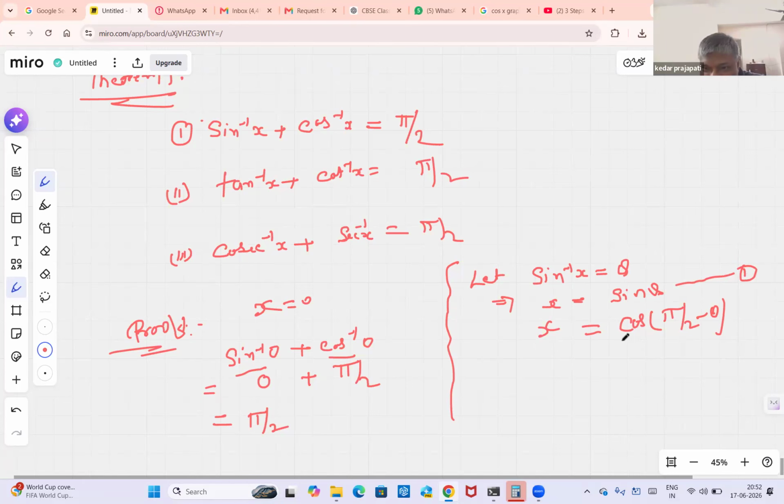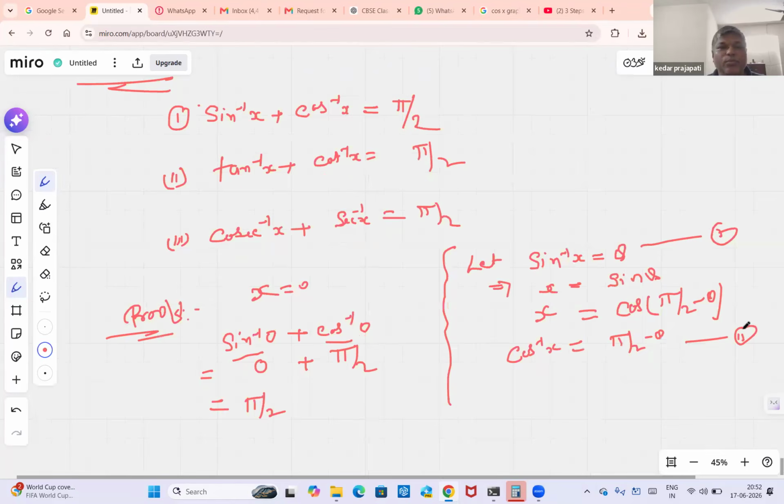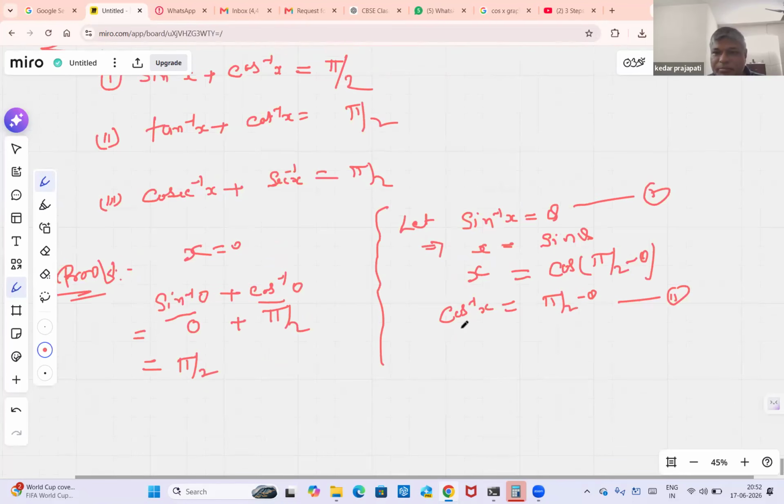Now bring cos to this side: cos inverse x equal to pi by 2 minus theta. We'll take the first one as equation 1 and this as equation 2. Now what is the property? Add them.